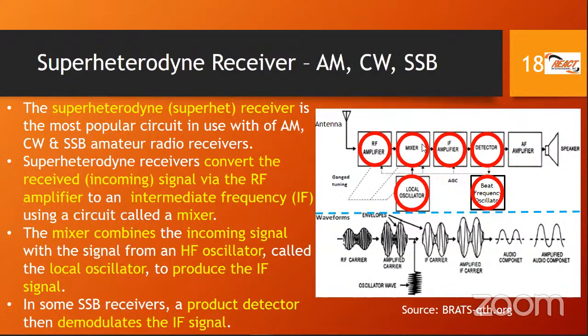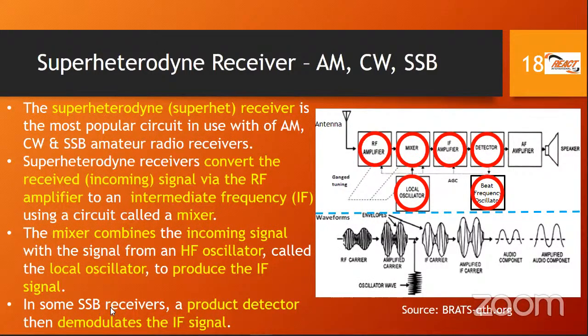So that's what the mixer does. The mixer takes the incoming signal and mixes it with a frequency generated locally via the local oscillator, and that mixer outputs the IF signal, or the intermediate frequency signal. So that's why these block diagrams are so very useful. And again, we have what the waveforms look like here in case you're interested.